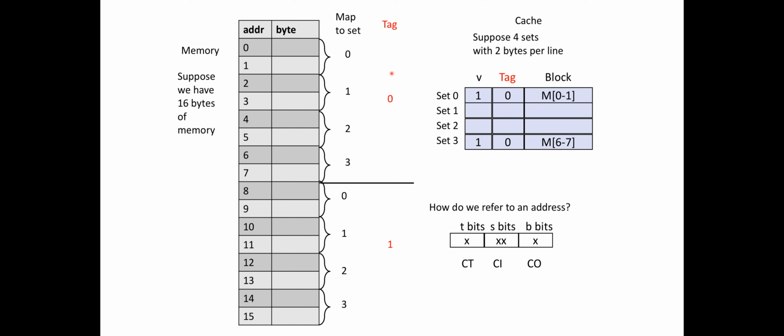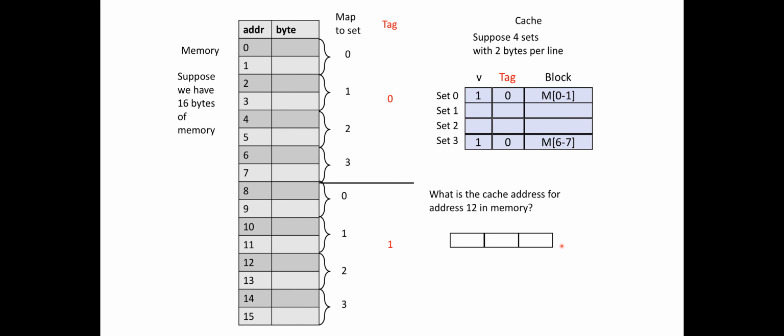And so it's either byte 0 or byte 1 of the particular line that can be stored in there. And so we only need 1 bit in this case to refer to the 2 bytes that are stored in a particular cache line. So this is our mapping, for this really tiny example, of how we map the cache to our small amount of memory.